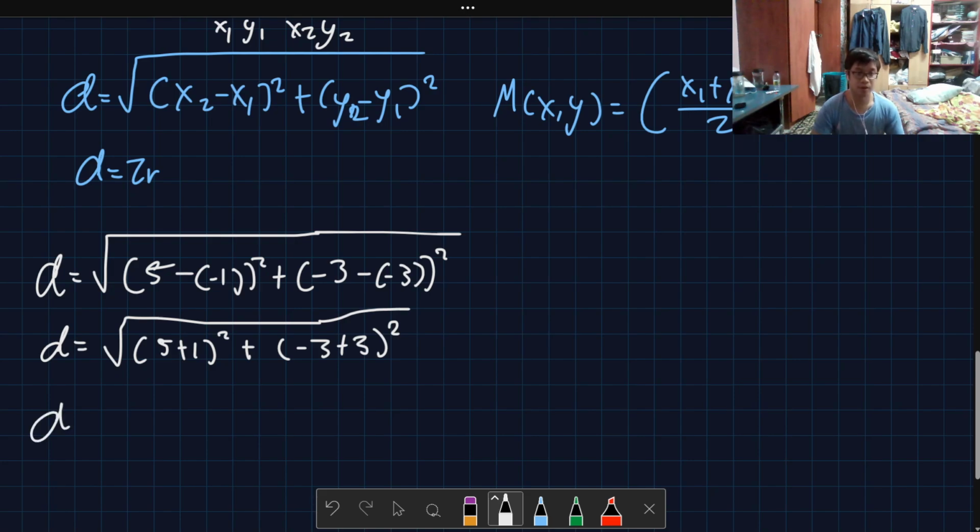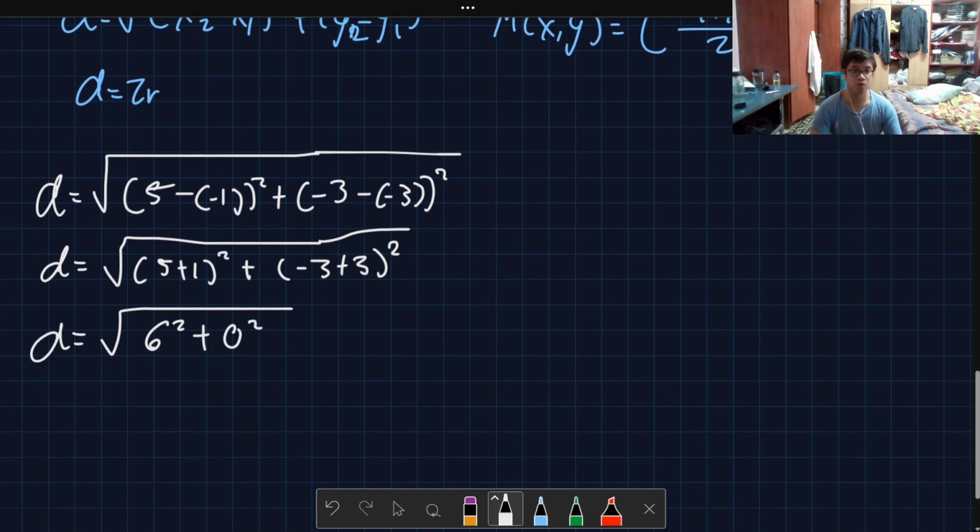There you go. Then let's combine everything. 5 plus 1, you will have 6, so 6 squared. Negative 3 plus 3 will be just 0, so you have plus 0 squared. Or you can disregard the 0 and you will have 6 squared instead. If you square root a whole term that has a square, you can simply cancel them both and you will have 6 as a result.